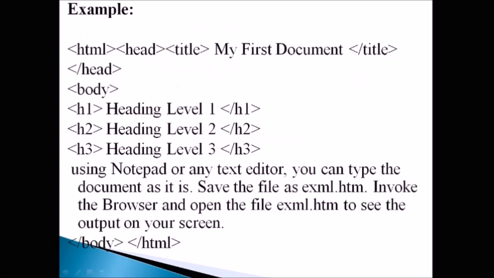Here is an example HTML document with the 3 important document tags and some heading differences. As we said, every HTML document should start with the tag HTML and end with the respective closing tag, /HTML. Immediately after the HTML tag, there should be head with its respective closing tag.